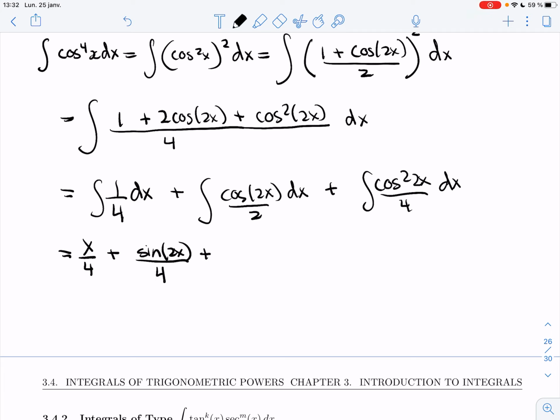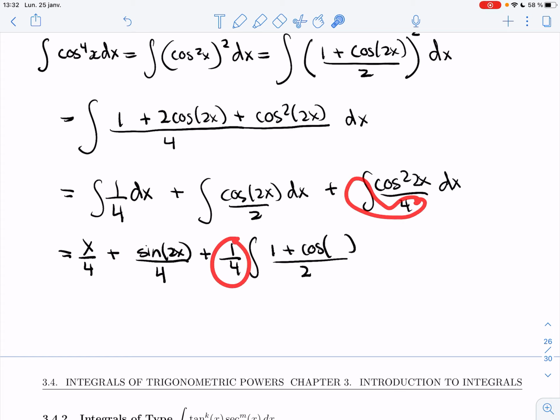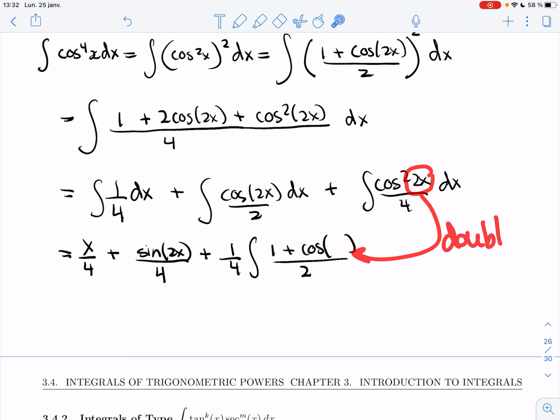And then the final one is going to be the integral of, and then I apply the identity again, (1 plus cos 2x) over 2. I've pulled out the 1/4 in front. And whatever angle you have, every time you apply the identity, you double it. So I'll get the integral of cosine 4x dx.